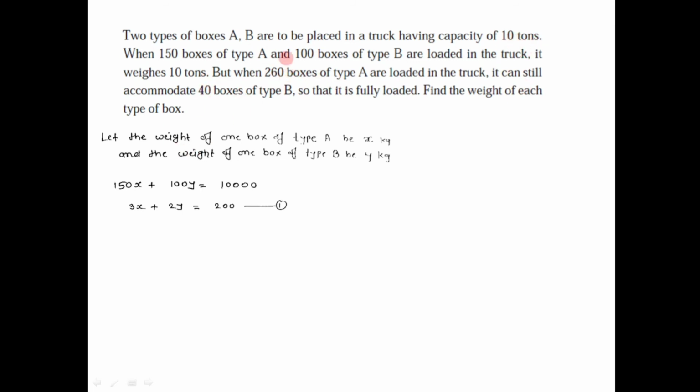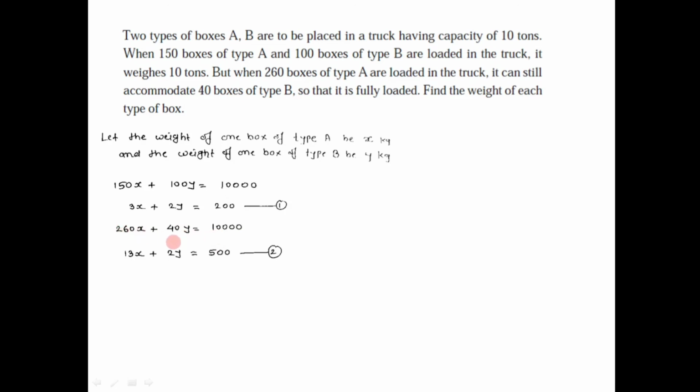So the weight of 260 boxes of type A is 260x. Similarly, the weight of 40 boxes of type B is 40y. If we add these two, it will be equal to the capacity of the truck, that is 10 tons, again 10,000 kilograms.